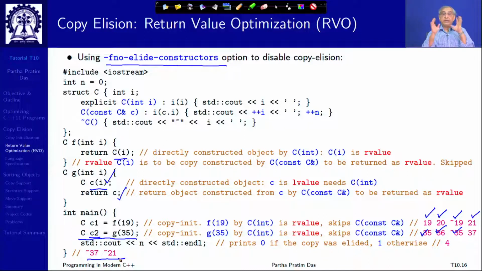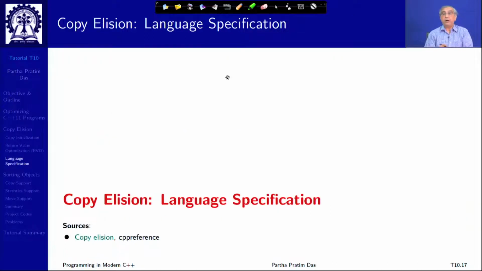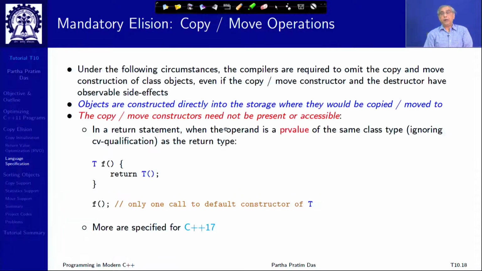Right. So, you can see how much of effort, the additional task which is unnecessary, can be actually handled by the copy elision optimization. So, these are not just optimizations by the compiler, but they are language specified also.